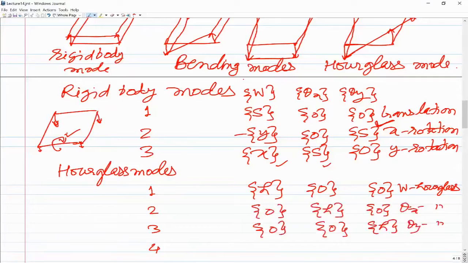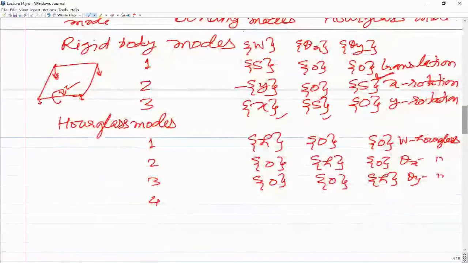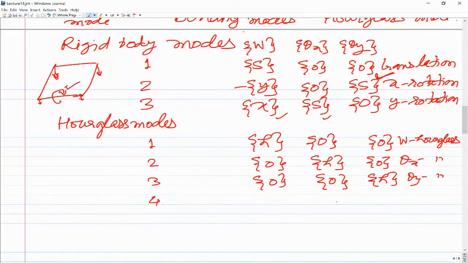And then for the reduced integration, there is one more mode, which is the twist mode, the fourth one. In this you will have theta x and theta y, let us say, proportional to the x and y coordinates, and then w would be equal to some constant a1 into x plus a2 into y, and this is the twist hourglass mode.